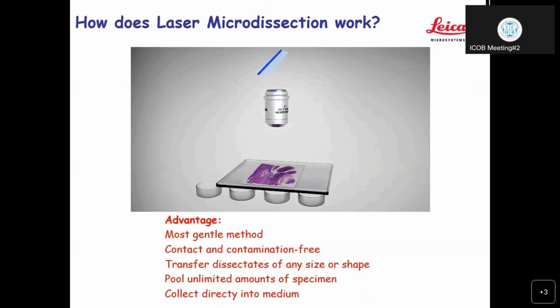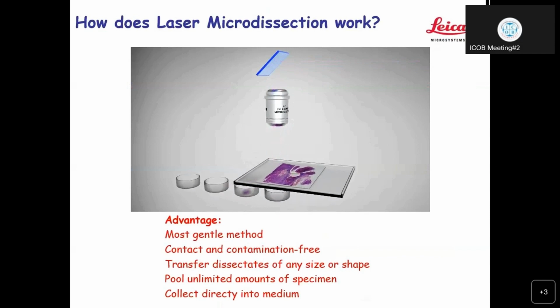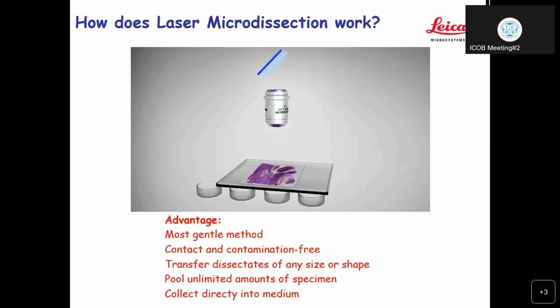It can transfer dissectates of any size or shape and pool unlimited amounts of specimen. If you need, you can fill medium in the collector. Then the dissectates collect directly into the medium.